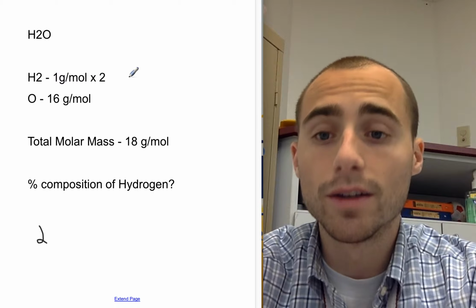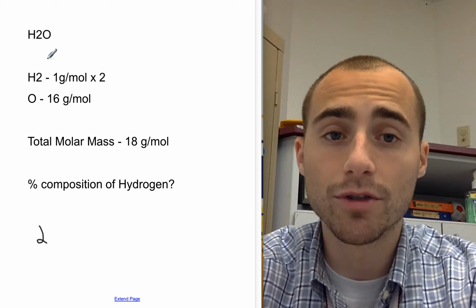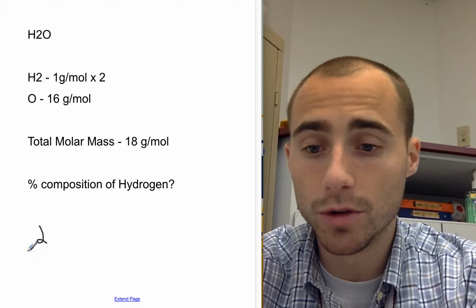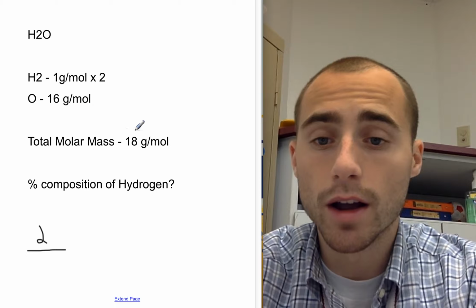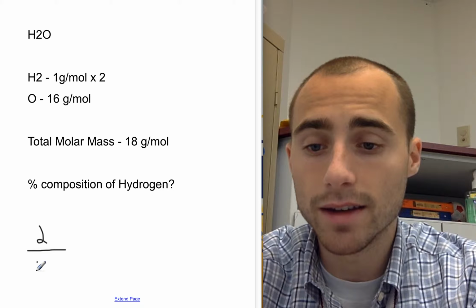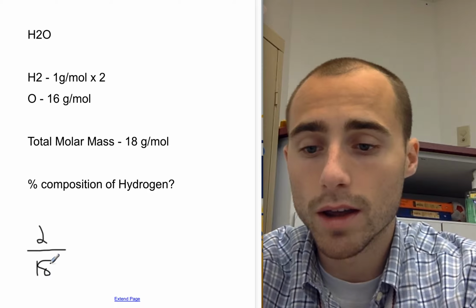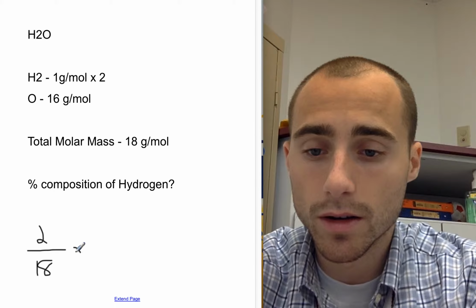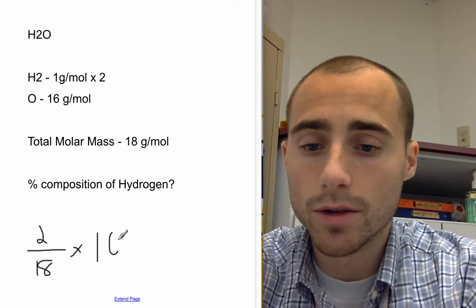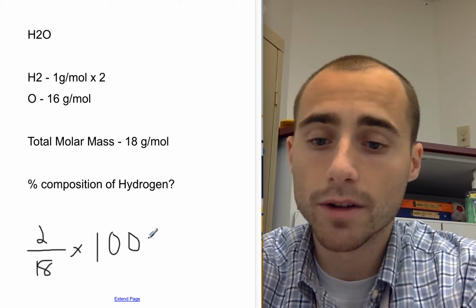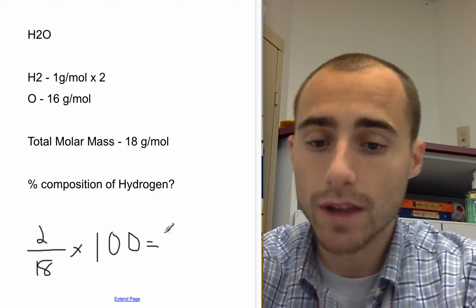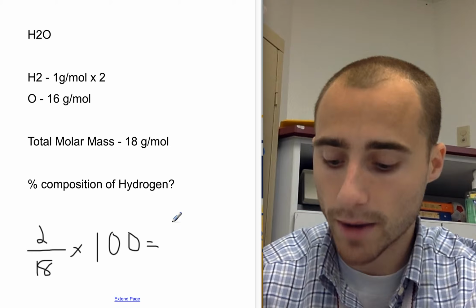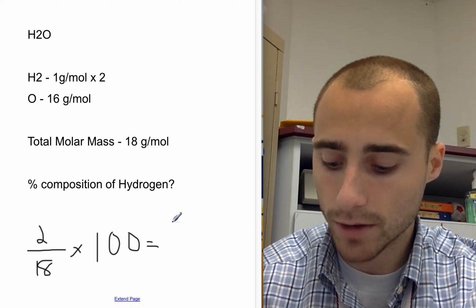So I would do 2 grams per mole, because that's how much hydrogen is found in every water molecule, over our total molar mass of 18 grams per mole, and then multiply that times 100 to get my final answer in terms of the percentage of each water molecule that is made up of hydrogen. So I would do 2 divided by 18 times 100.